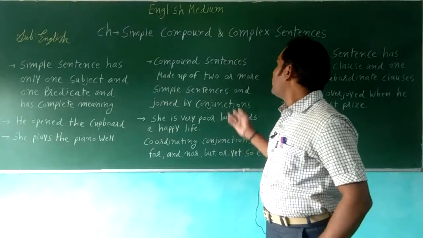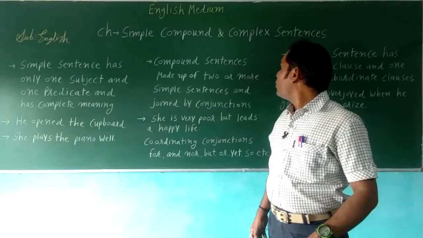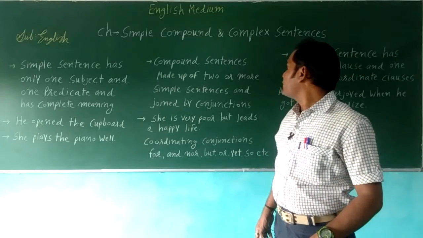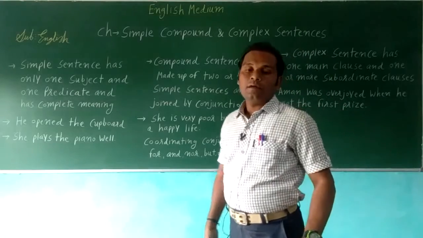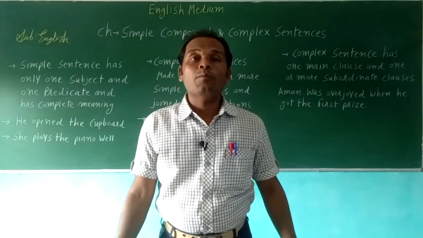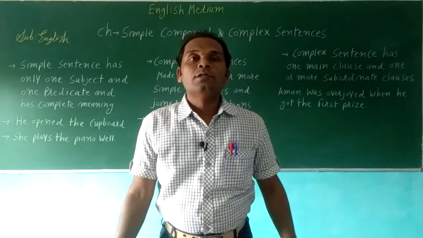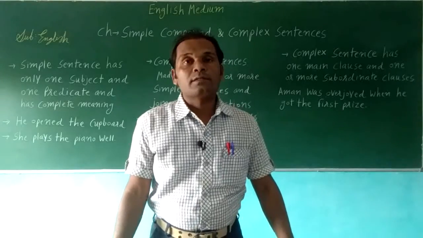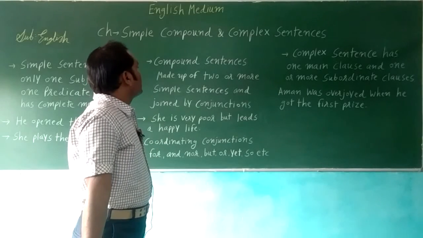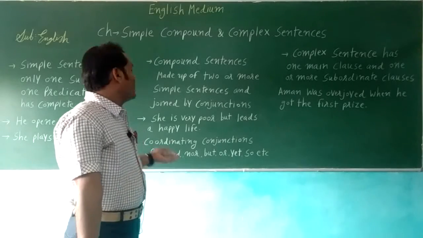You can see the clear definition. A compound sentence is made up of two or more simple sentences and joined by conjunctions.